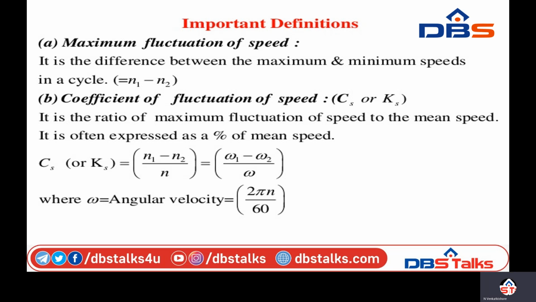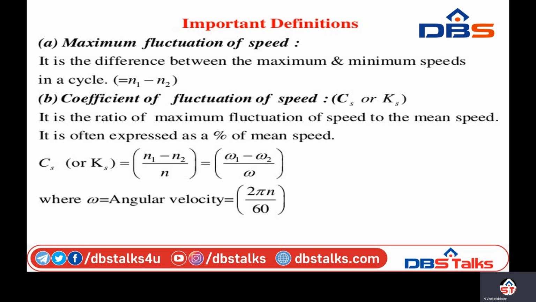While calculating the maximum fluctuation of speed, the fluctuation of speed is nothing but the difference between the maximum and the minimum speeds in a cycle.